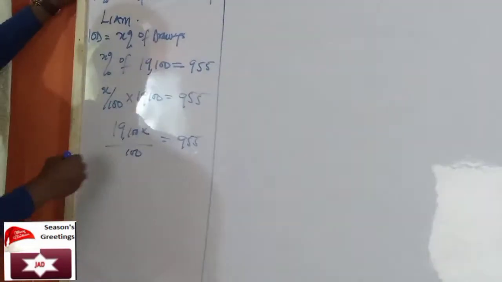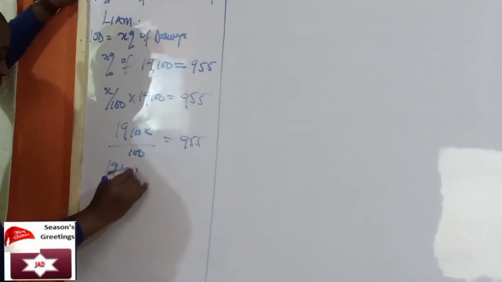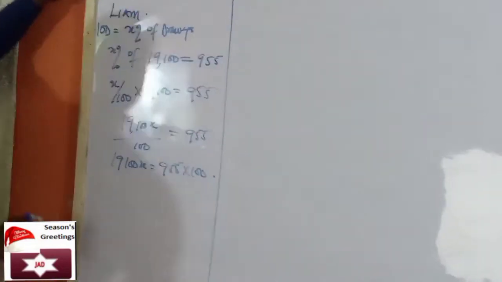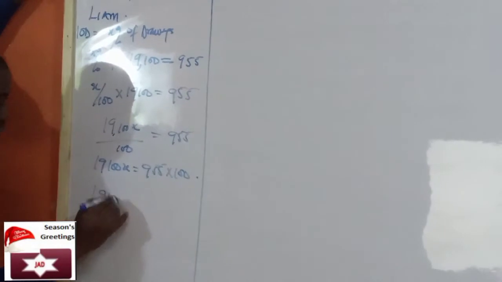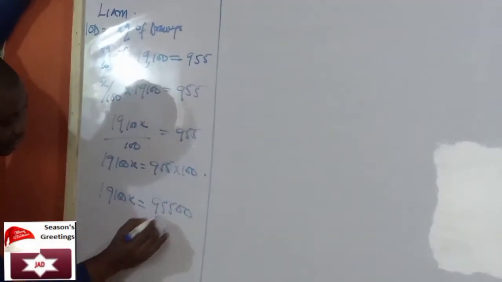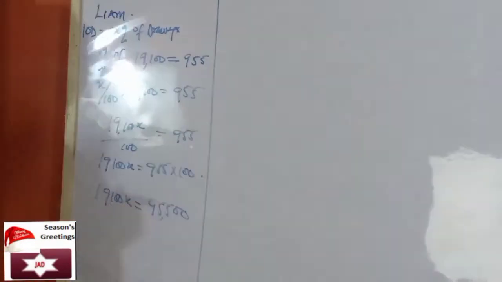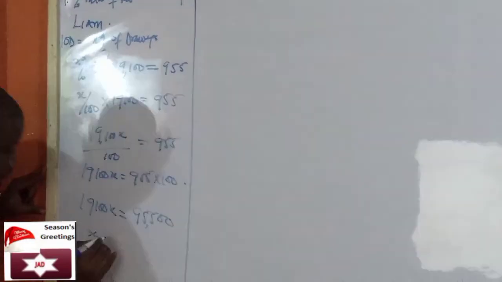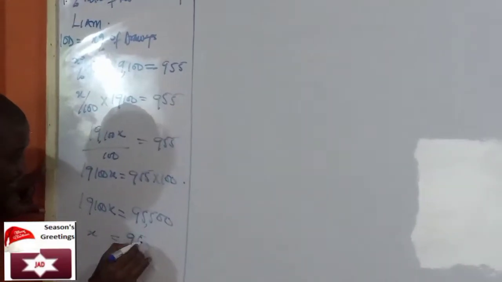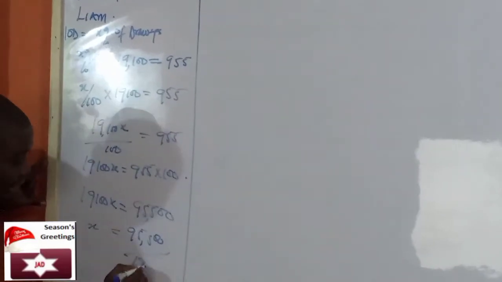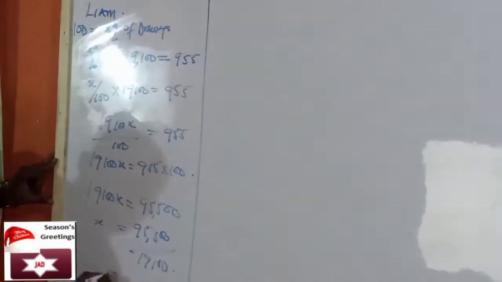If we cross multiply, 19,100X will be equal to 955 times 100, which is 95,500. So our X, the percentage we're looking for, will be equal to 95,500 over 19,100.